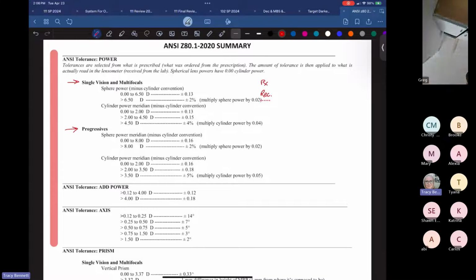So make sure that you stay in your lane when it comes to that, if it's a single vision or a multifocal, and that includes flat top 28s and trifocals as well. So your bifocal, trifocal, and progressives are just down here in their own little category. Only when you get a progressive will you do that.